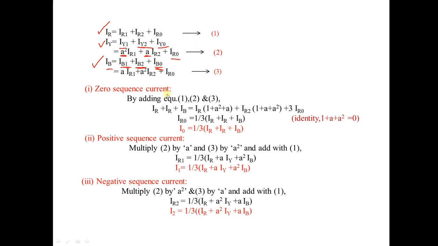From this we are going to add or multiply to find the different phase sequences. First we are going to find the zero sequence current.